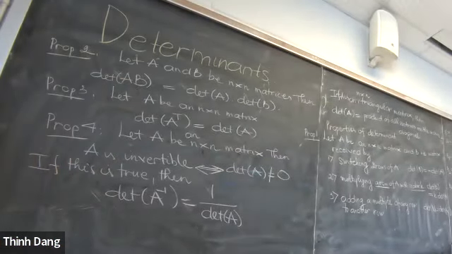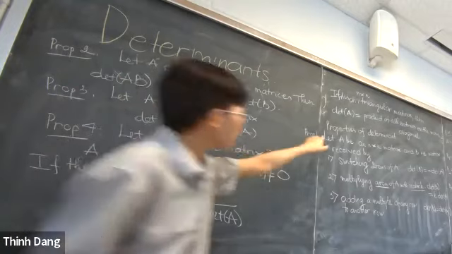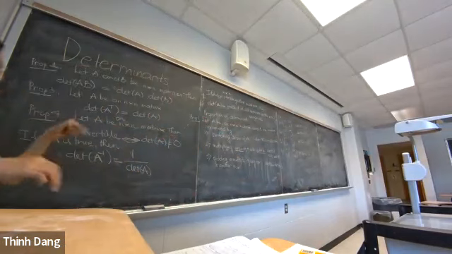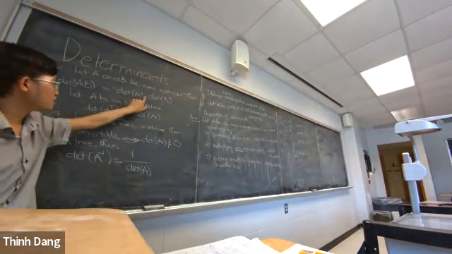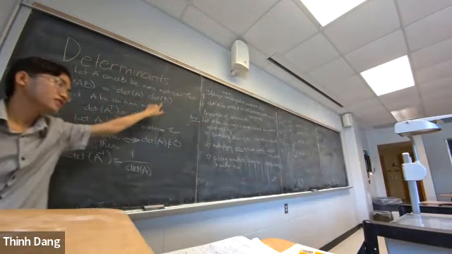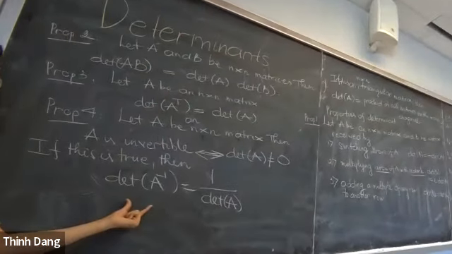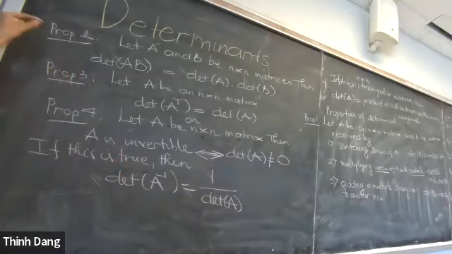And you should also see that the identity is a triangular matrix and all the entries on the main diagonal are 1. So according to the determinant of a triangular matrix definition, the determinant of the identity is actually 1. Okay, so in this case, 1 should be equal to the determinant of A multiplied by the determinant of A inverse. And from that, you will have this statement over here. Okay, it is pretty easy to prove if you've got property 2 available.